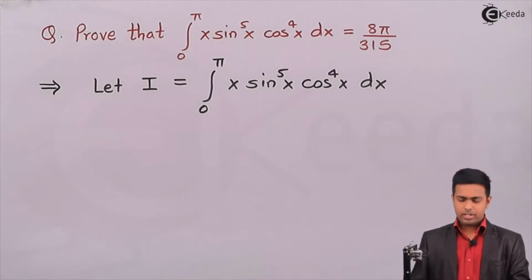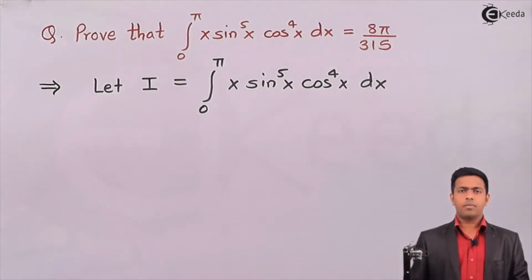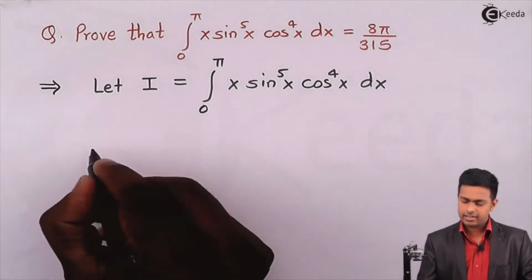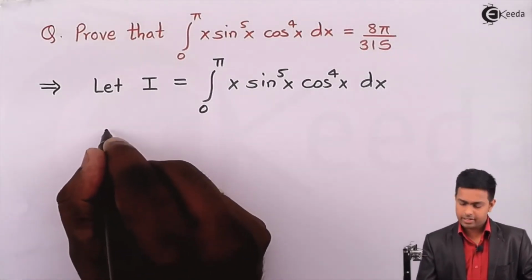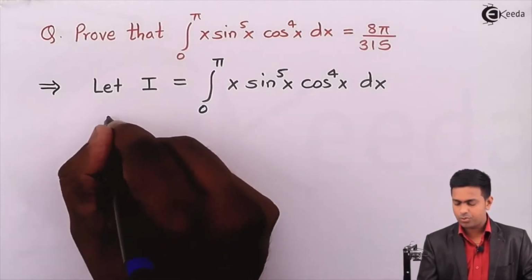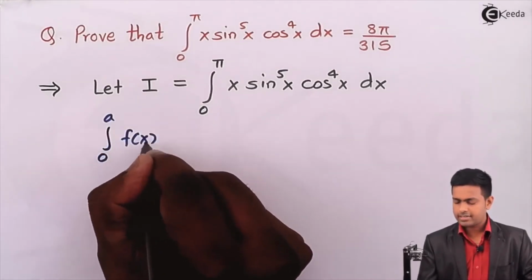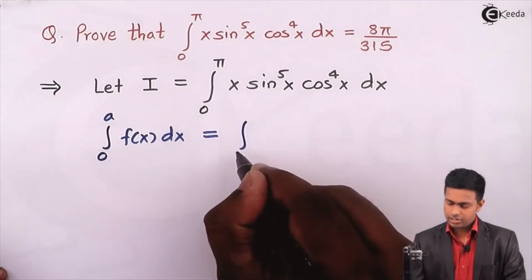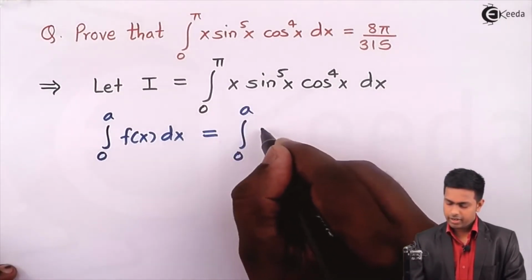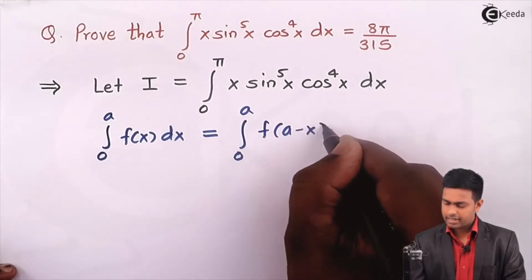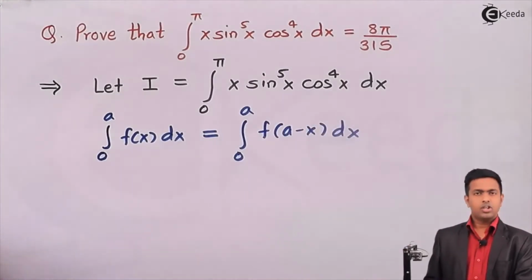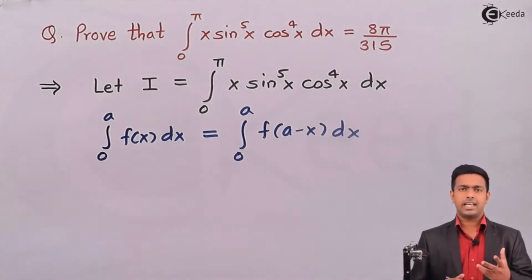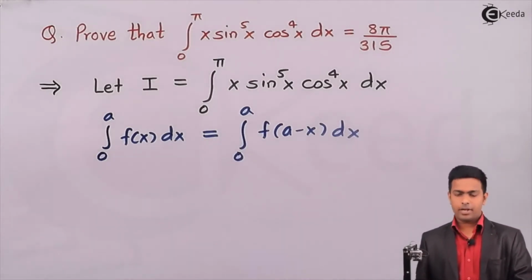Now to remove this x from this integration, I will use a property of definite integral. You all know this property: the integration from 0 to a of f of x dx is equal to the integration from 0 to a of f of a minus x dx. By using this property I can eliminate this x.